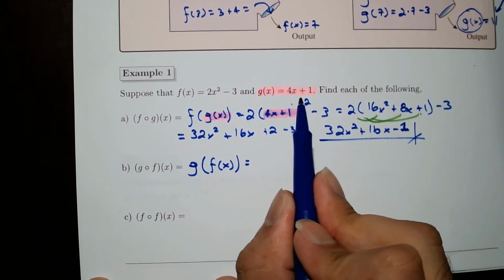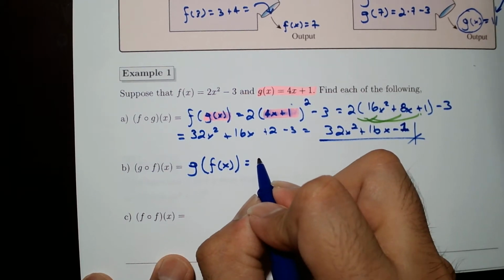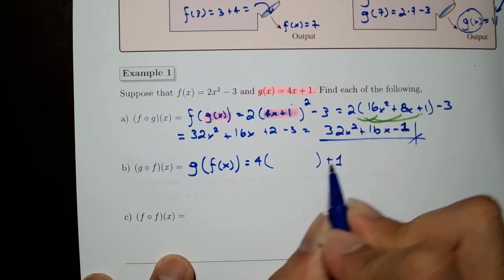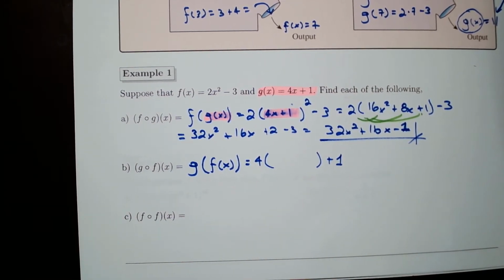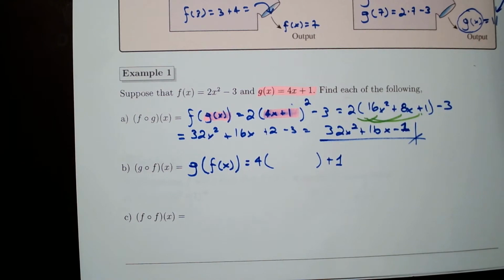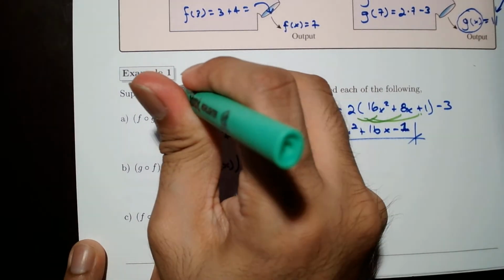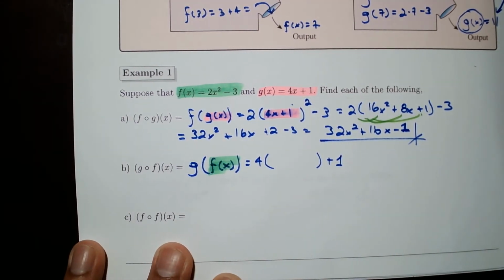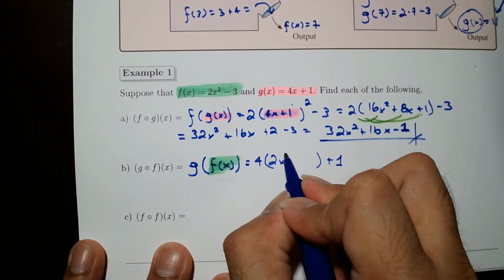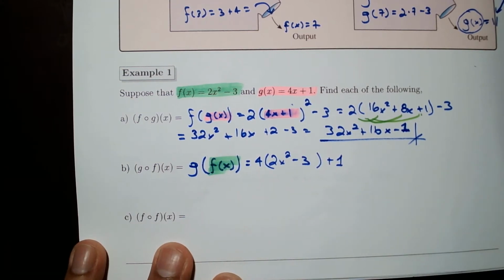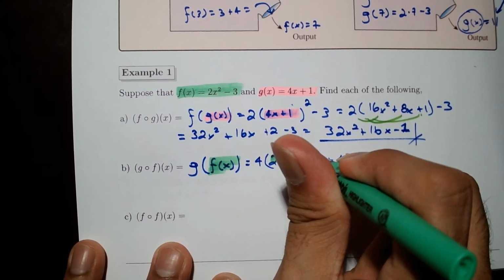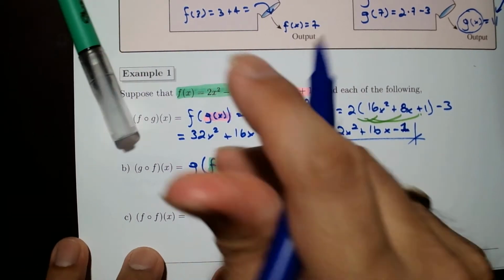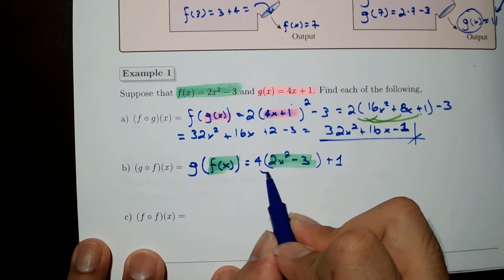The function g, which is 4x plus 1, I'm going to have 4 times x plus 1, but in the place of x, we are going to substitute the function f, which in this case is 2x squared minus 3. Let's highlight this just so you can see where these are coming from.